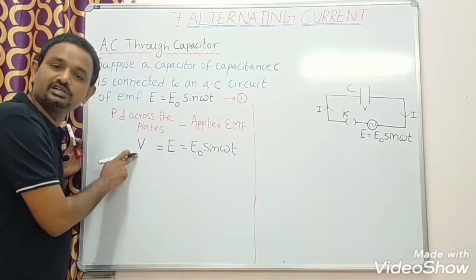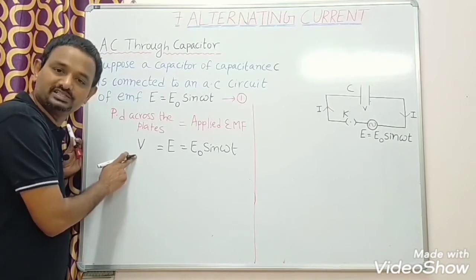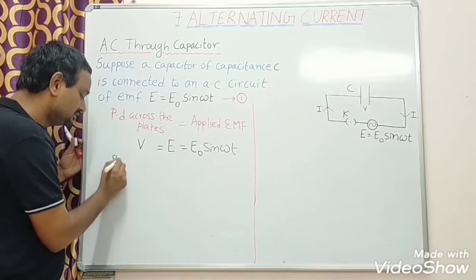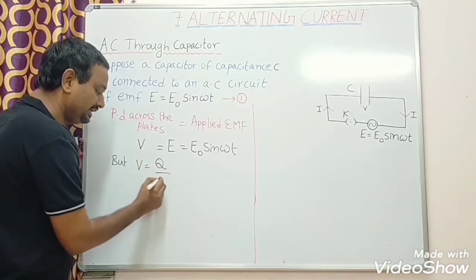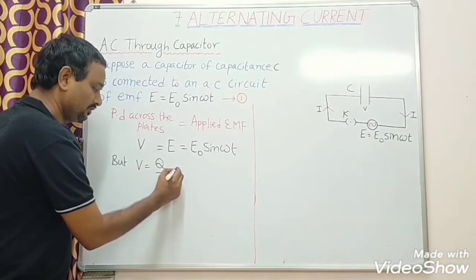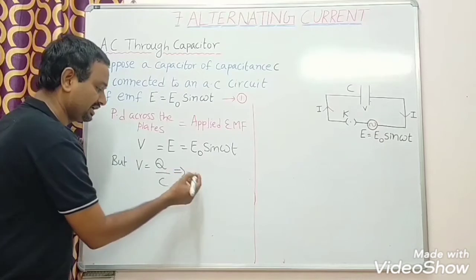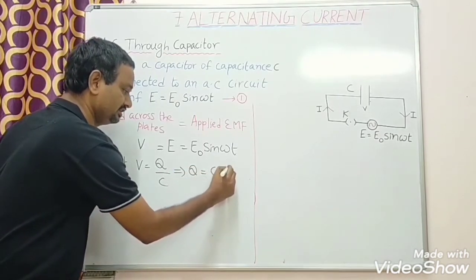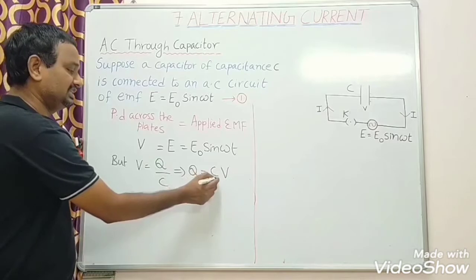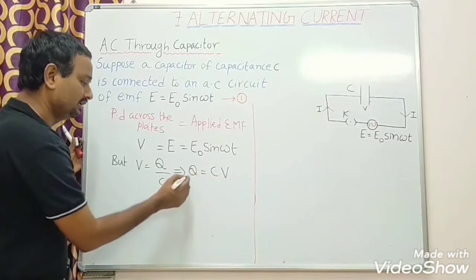But potential difference is equal to Q by C. So V equal to Q by C, and from this I can write Q equal to CV. Okay?